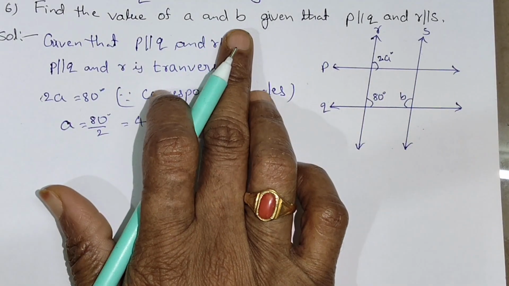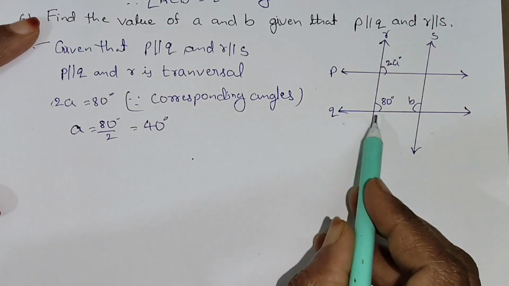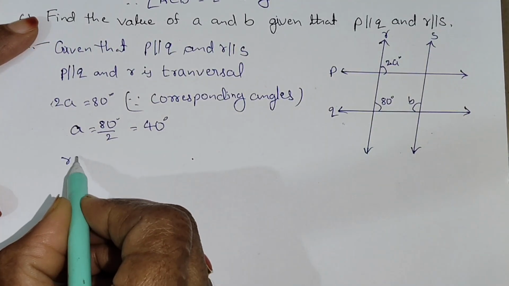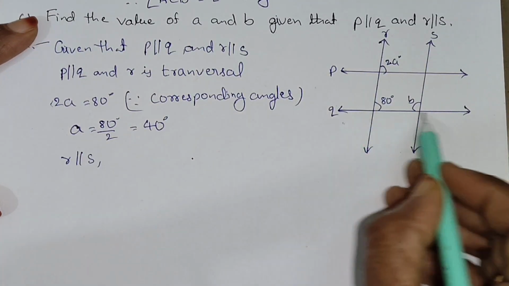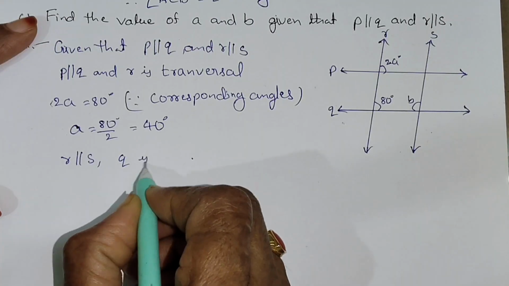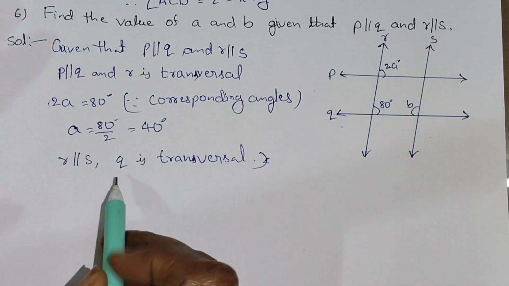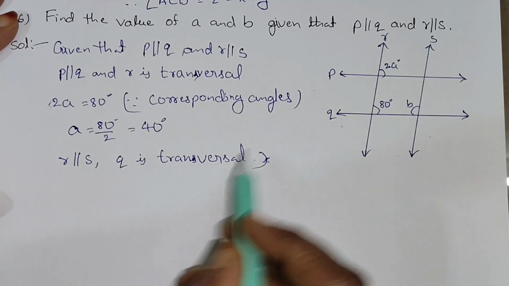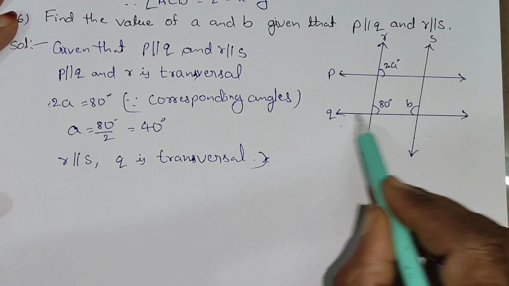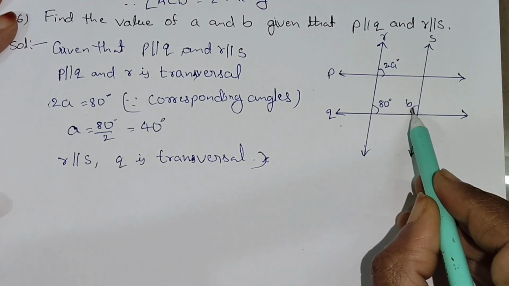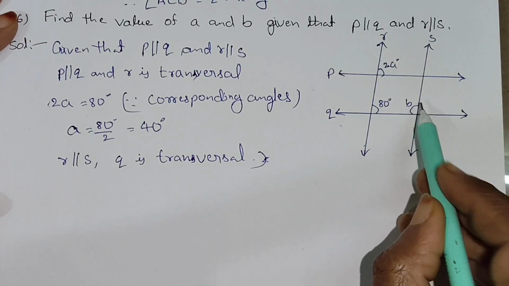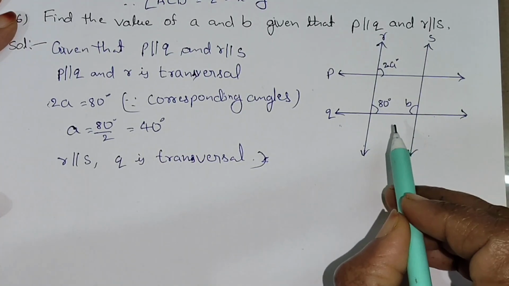Next, B. R is parallel to S and Q is a transversal. 80 and B are the interior angles on the same side of the transversal.